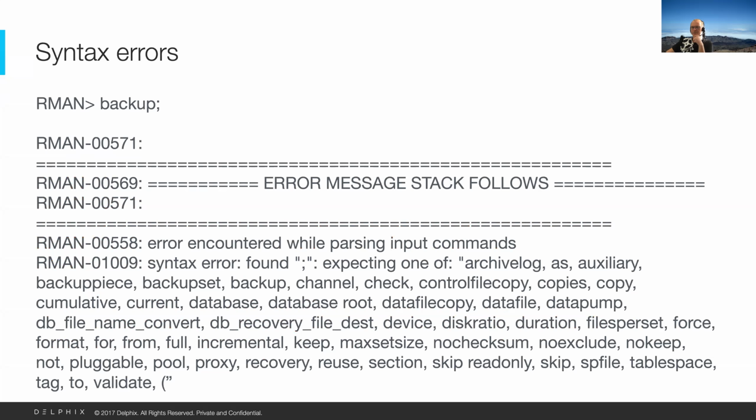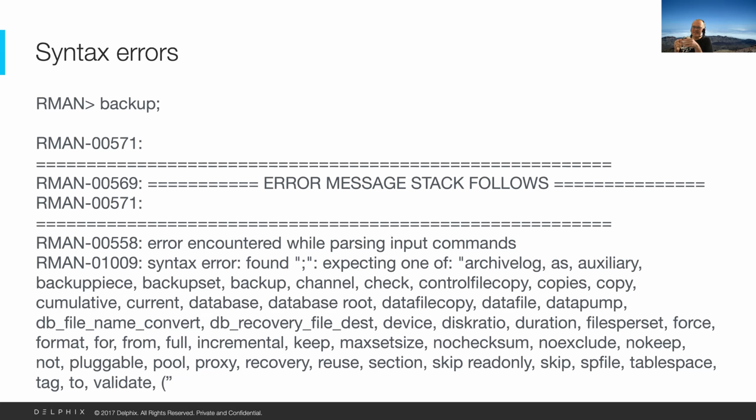Okay, thank you. So what are common issues with RMAN? The syntax of scripts is quite weird, so you can have a lot of syntax errors when you start creating your scripts. The easy way to find out what is wrong is to run the partial command.